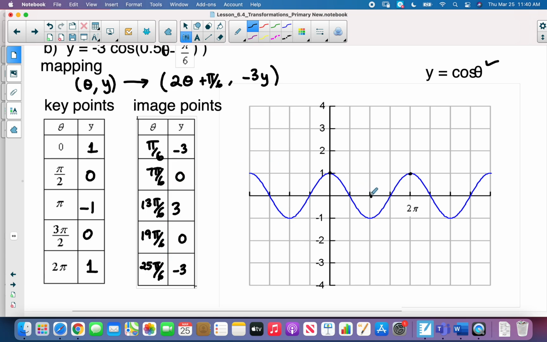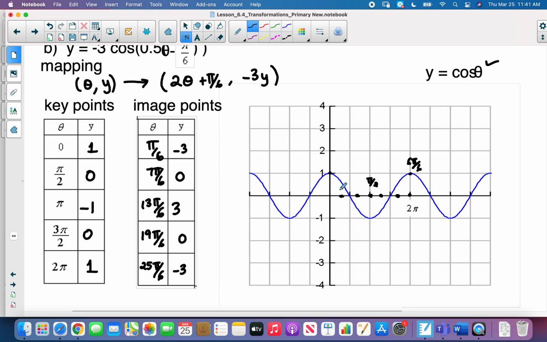So this is pi over 2. Dividing this into 3 parts, this would be pi over 6, this would be 2 pi over 6, this is 3 pi over 6 or pi over 2, 4 pi over 6, 5 pi over 6, 6 pi over 6.